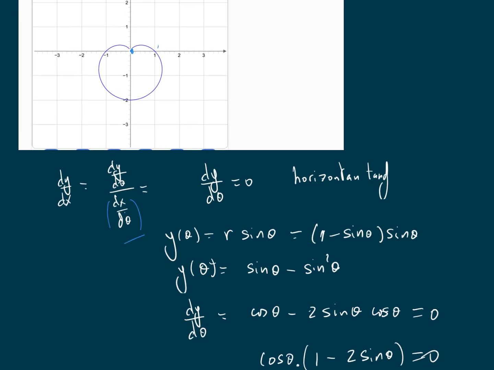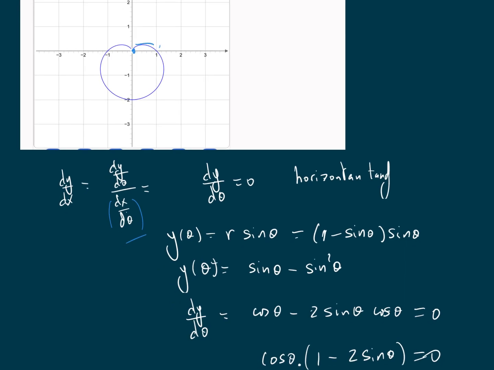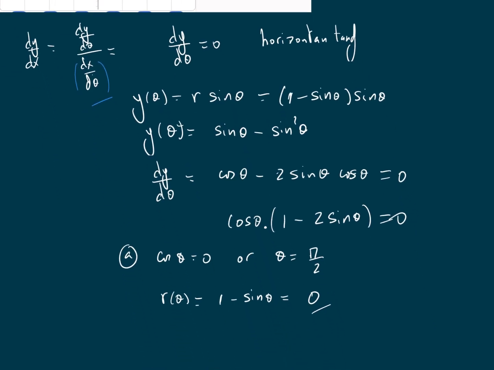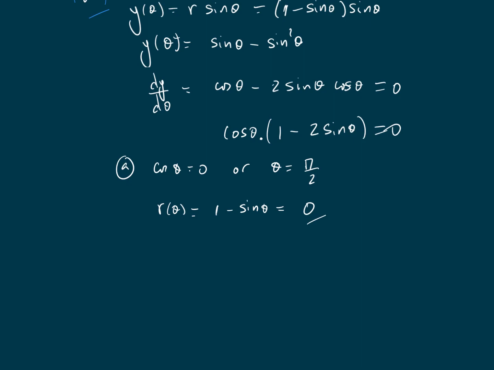So don't pay attention to this, because I'm looking for these 3 points, the r and the theta of each point. This is r equals 0, so this point is not considered a horizontal tangent.